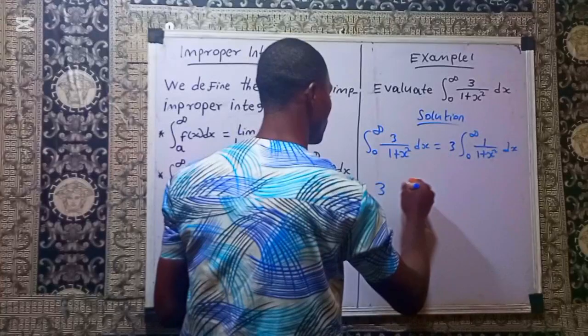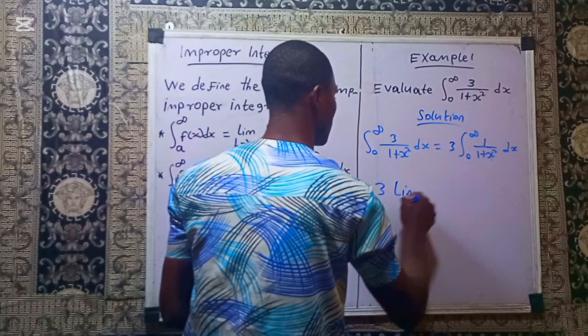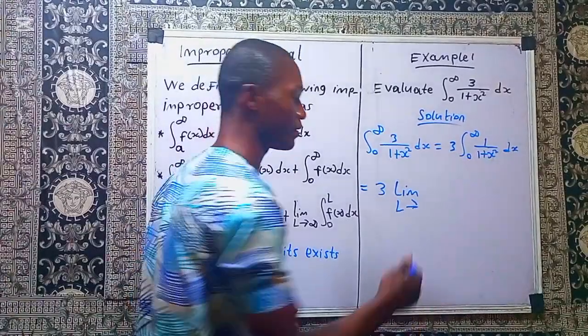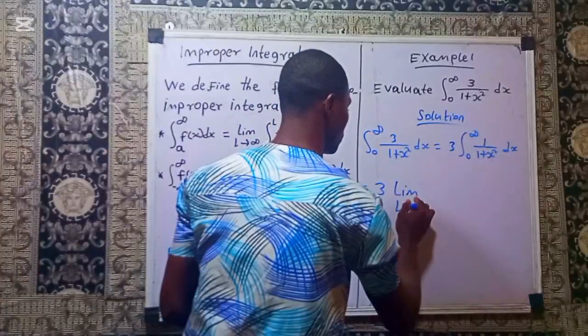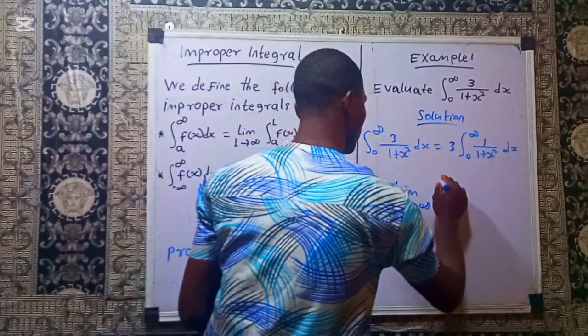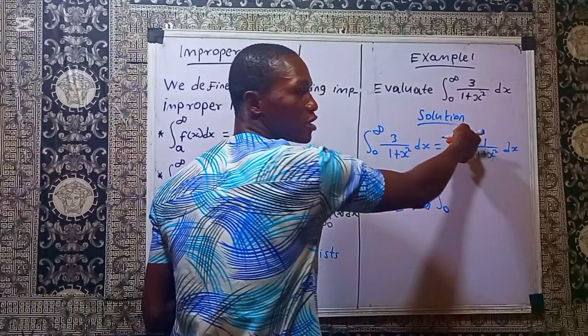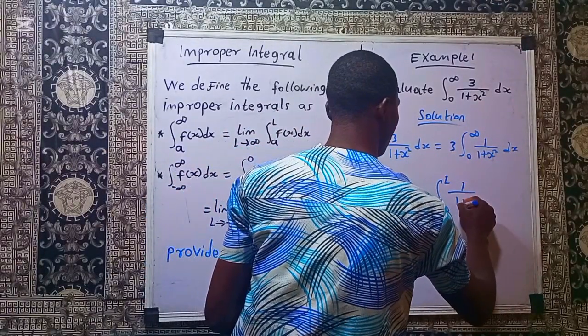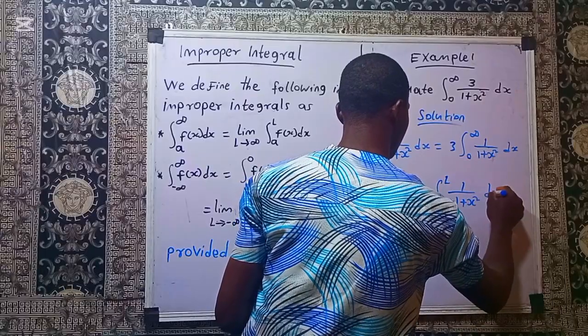So we define this to be what? Limit as L goes to infinity, we are replacing this infinity with L, of integral from 0 to L of 1 over 1 plus x squared dx.